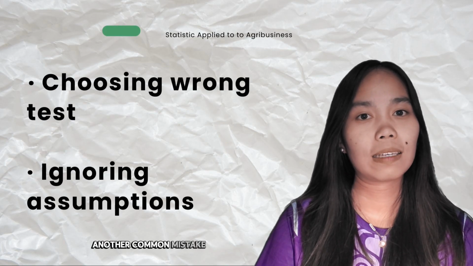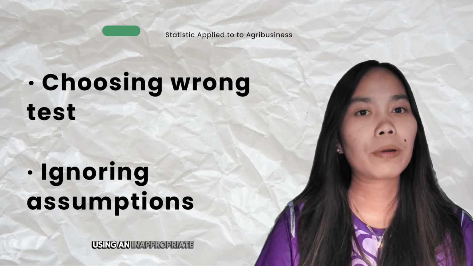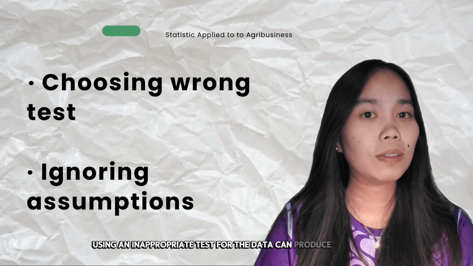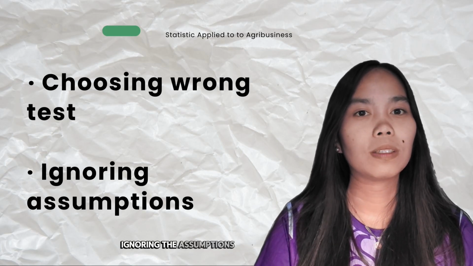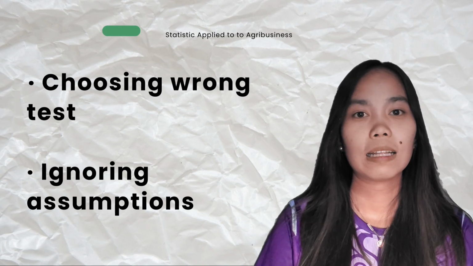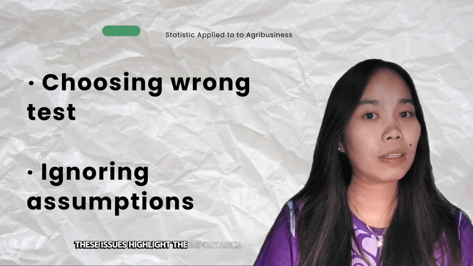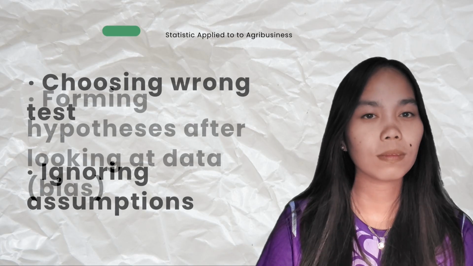Another common mistake is choosing the wrong statistical test. Using an inappropriate test for the data can produce misleading results. Additionally, ignoring the assumptions of the test can affect the reliability of the conclusions. These issues highlight the importance of understanding both the method and the data.